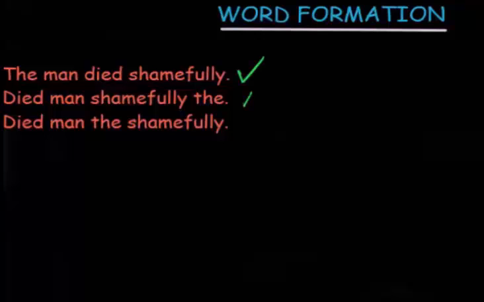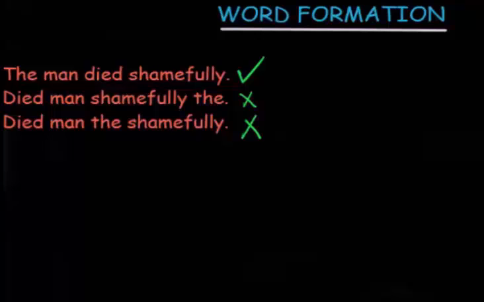The second one does not make sense, and the third one does not make sense either. So we cannot make any sentence like this. It means that the first sentence followed the language pattern, while the second and the third sentences did not follow the language pattern.